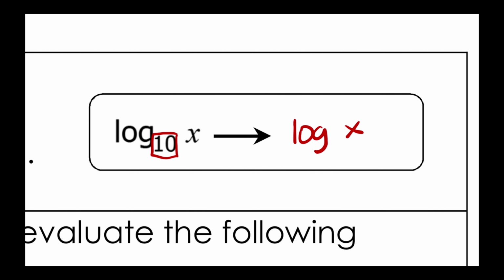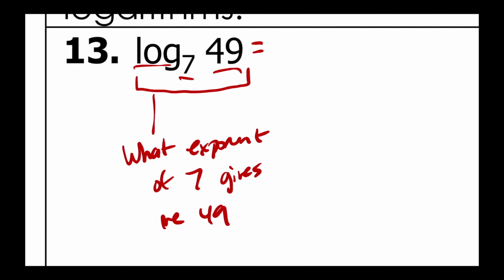So you need to understand what this is asking. This is asking what exponent, right? That's what log means, of 7 gives me 49, right? So that's what that's asking. When I say log base 7 of 49, I'm asking what exponent of 7 gives me 49, and the answer is 2.